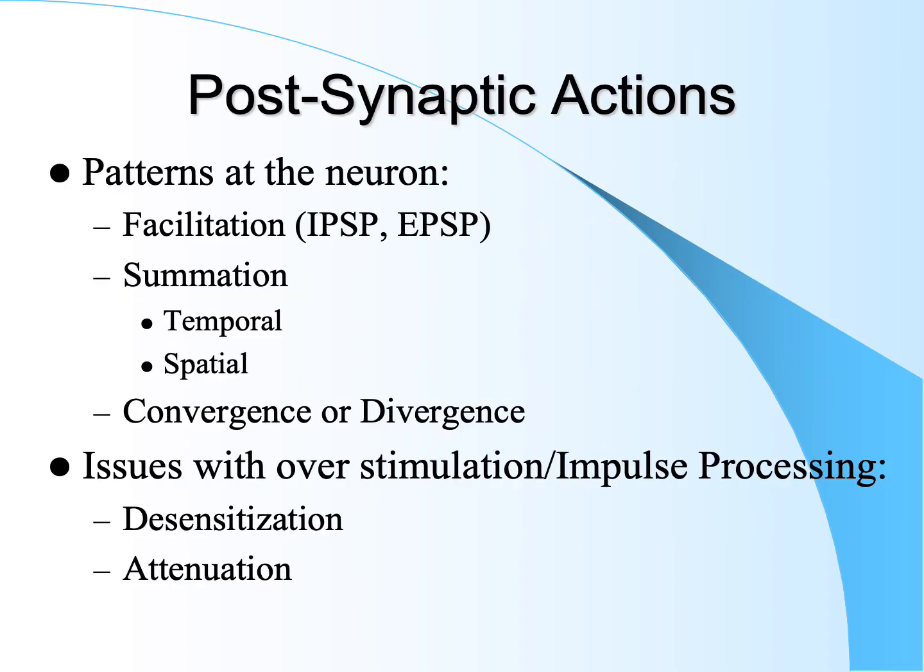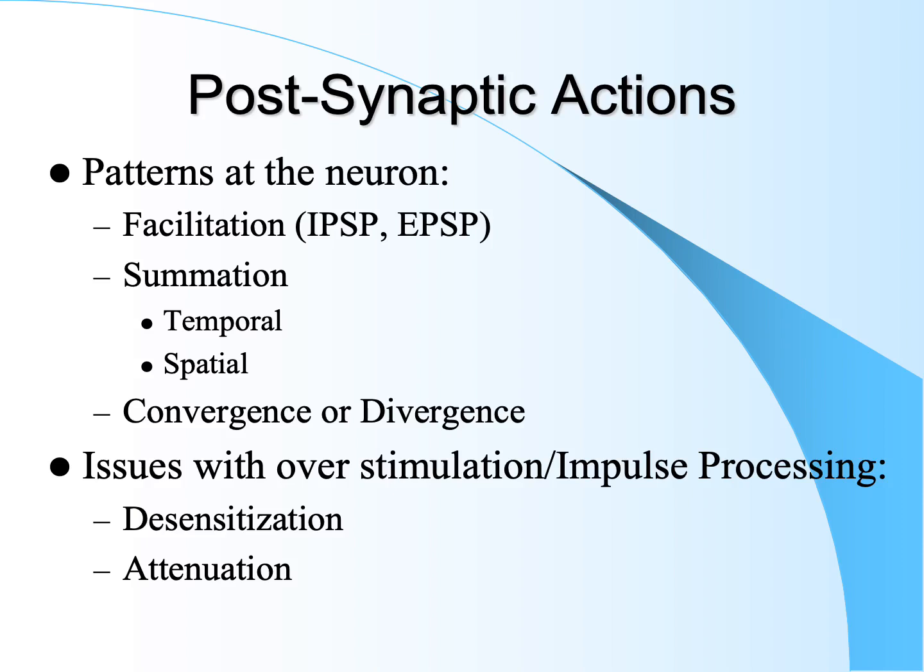In this, we can have what's referred to as a facilitation on a neuron-to-neuron pathway, in which we have two options. Either we have an inhibitory postsynaptic potential, IPSP, or an excitatory postsynaptic potential, EPSP.